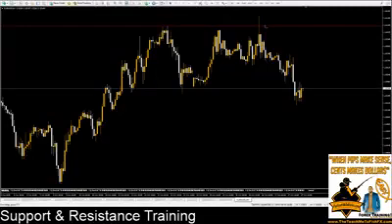Now, based on the amount of times the market has gotten up to a particular area or down to a particular area that it turns, that determines if that is a very strong support or strong resistance, or if it's a weak support or weak resistance.